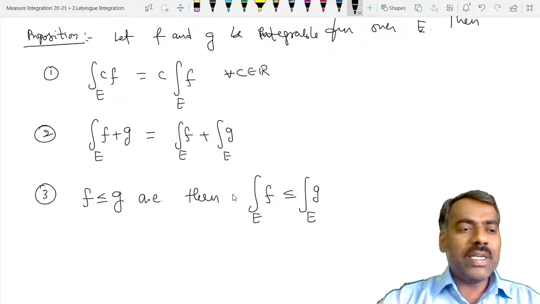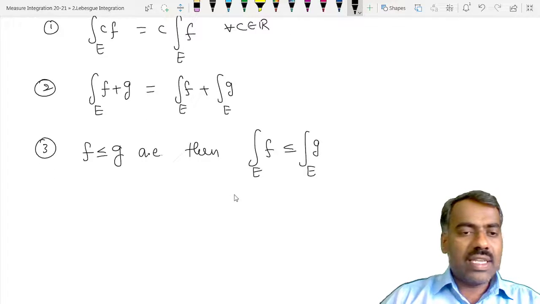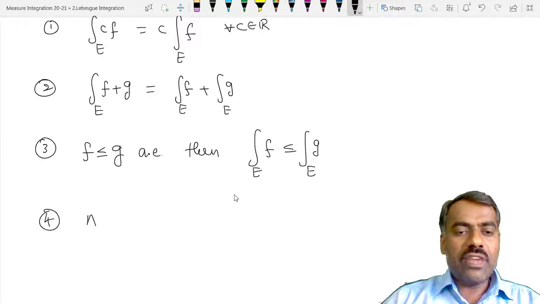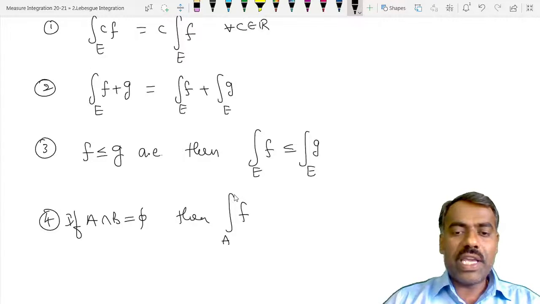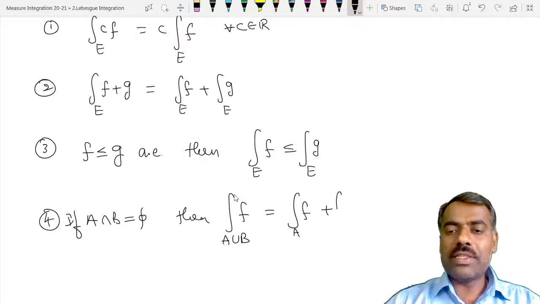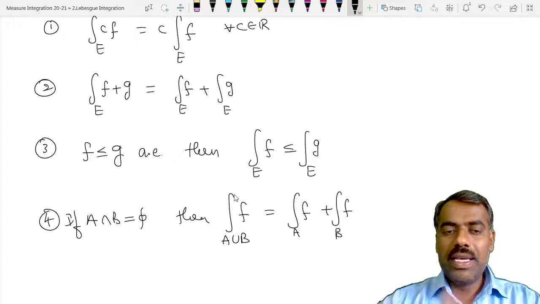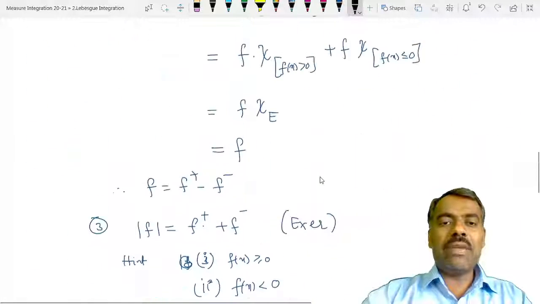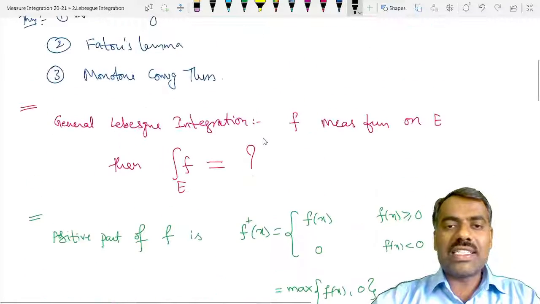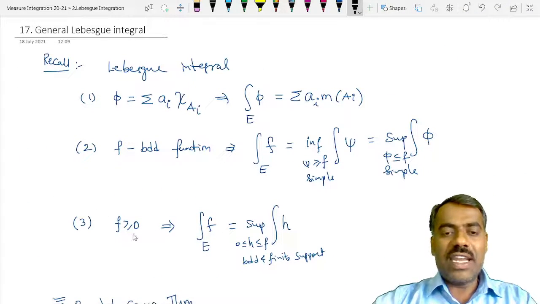So these properties, and not only this, about disjoint sets also. If A and B are two disjoint measurable sets, then integration of f over A union B is the same as integration of f over A plus integration of f over B. So these four properties we have seen every time, or not? In all these cases, if f is non-negative, we have shown them.